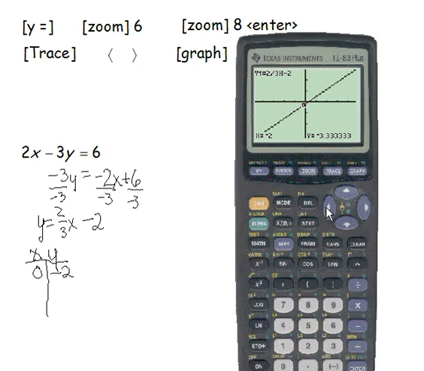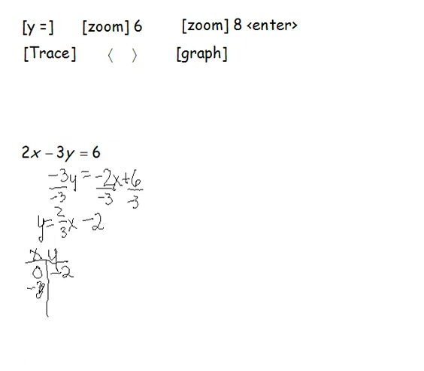So keep going until you find another good value: -3, -4, and then go over and put it in your table.